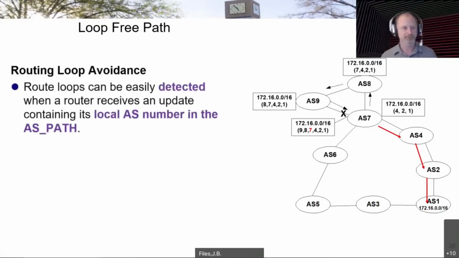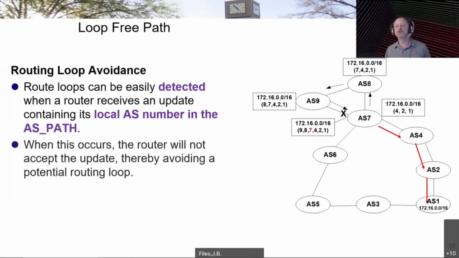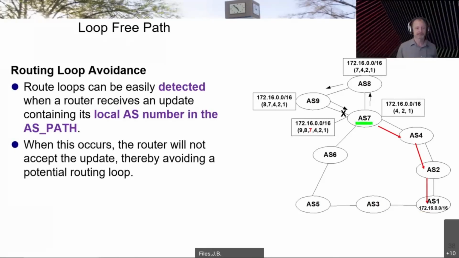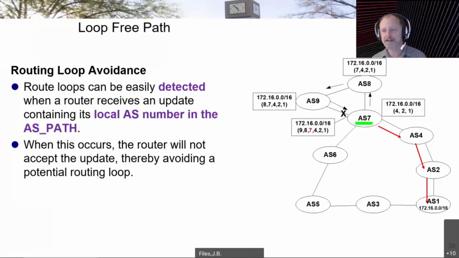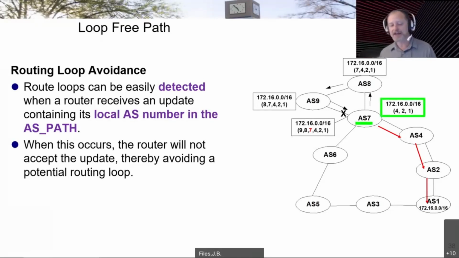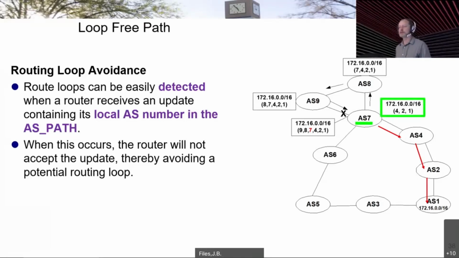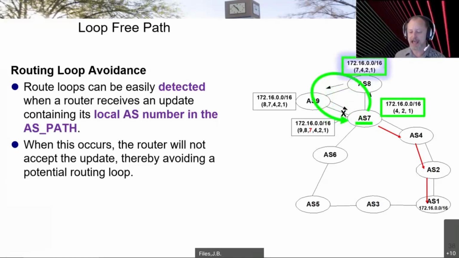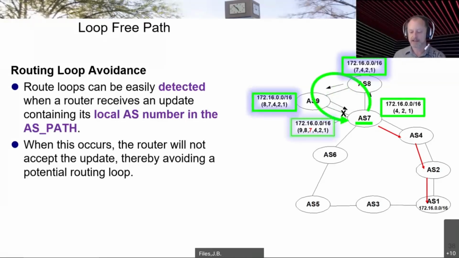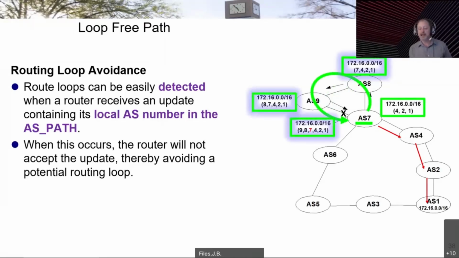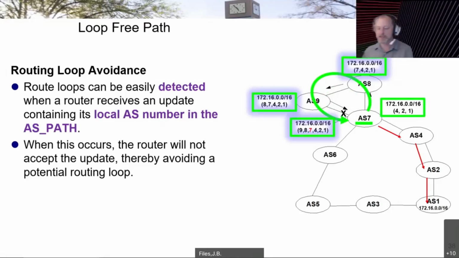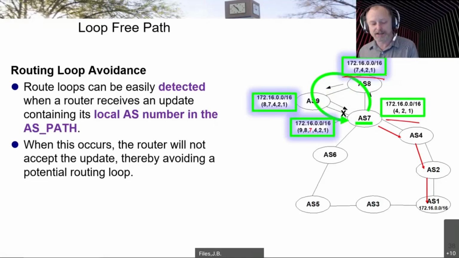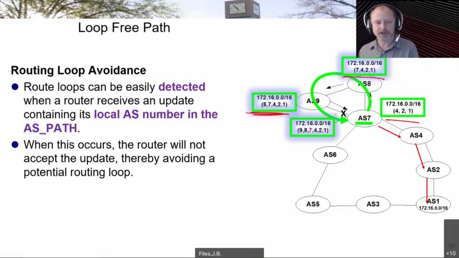All right. So what it's going to do is advertise that to its neighbors. Right now the path is 421. It's going to advertise that up to Autonomous System 8, 9, and then it's going to come back around. But notice it goes 421, then 7421, then 87421.